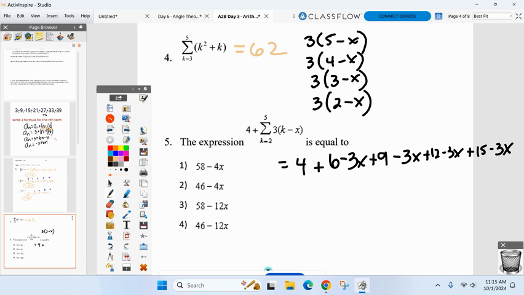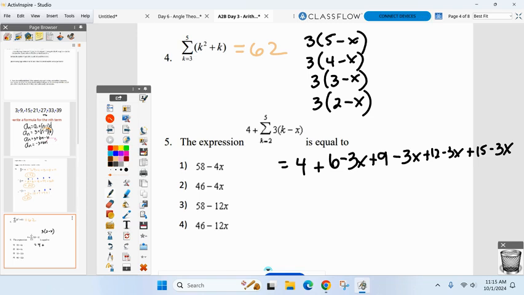Take your time combining all your like terms. How many X's do you have up there?